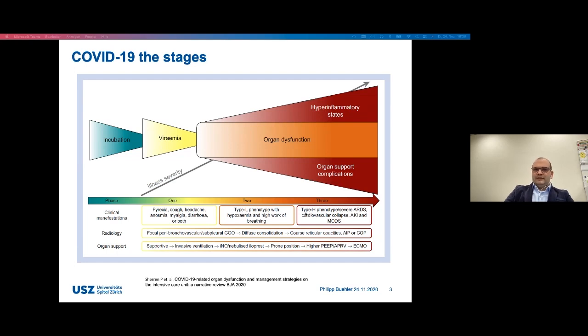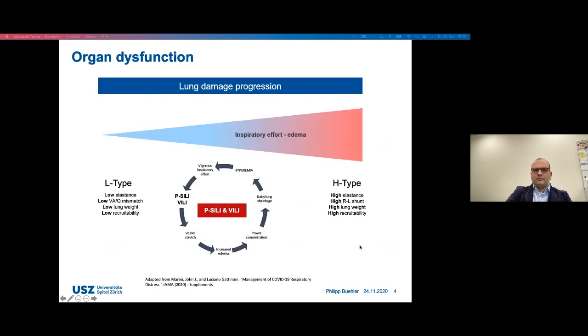Possible intensive care support in these phases lies in the supportive application of oxygen, invasive or non-invasive ventilation, or high flow therapy. And in the very severe cases, rescue therapies like iNO or at least ECMO are applied.